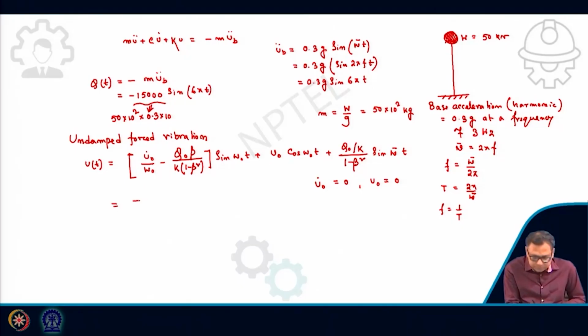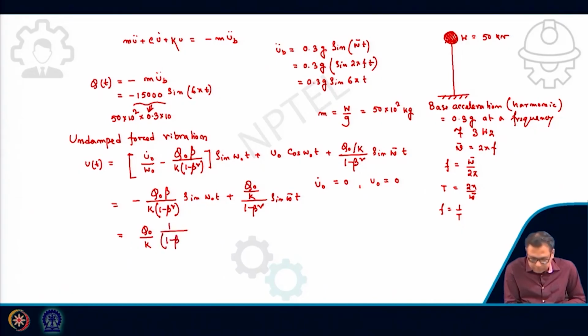So this will be minus Q0 beta, and if I take Q0 by k common, then 1 by 1 minus beta square is also common, then I will get sine omega bar t minus beta sine omega 0 t.